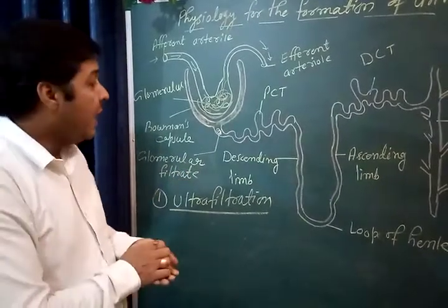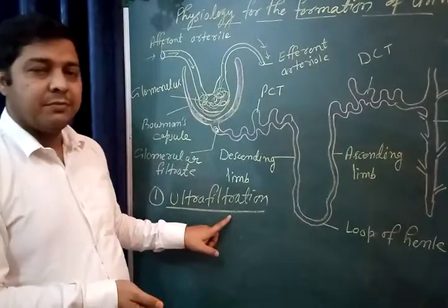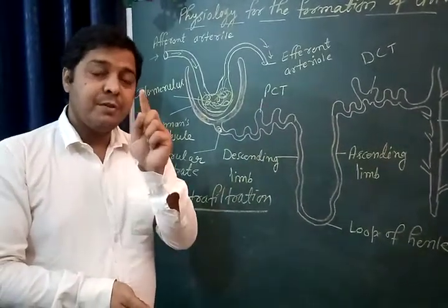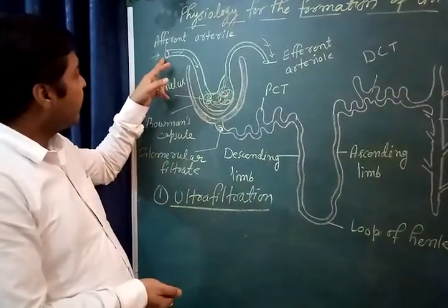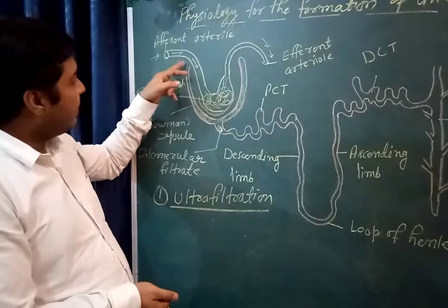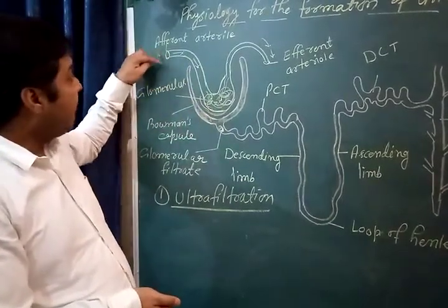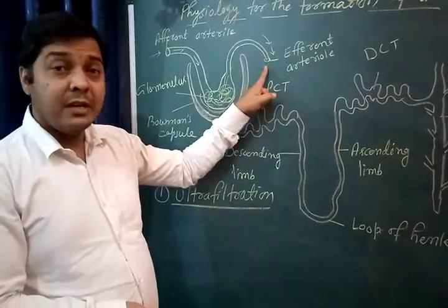Clear? So this process is called ultrafiltration. I am explaining ultrafiltration, the first process of filtration of blood. What happened? Blood is moving through the afferent arteriole into the glomerulus. The diameter of the afferent arteriole is more than the efferent arteriole.